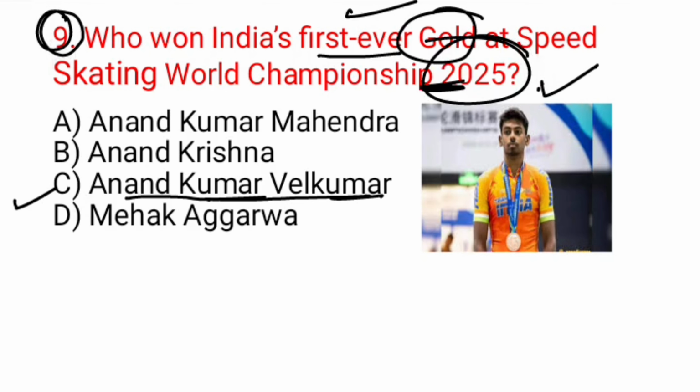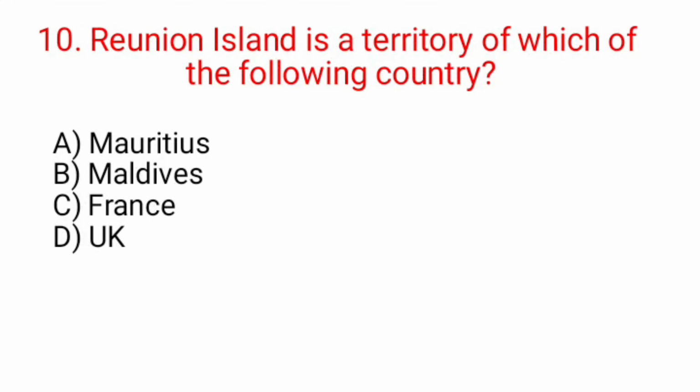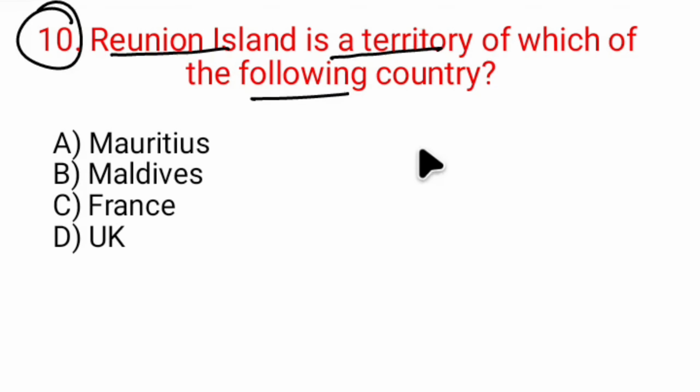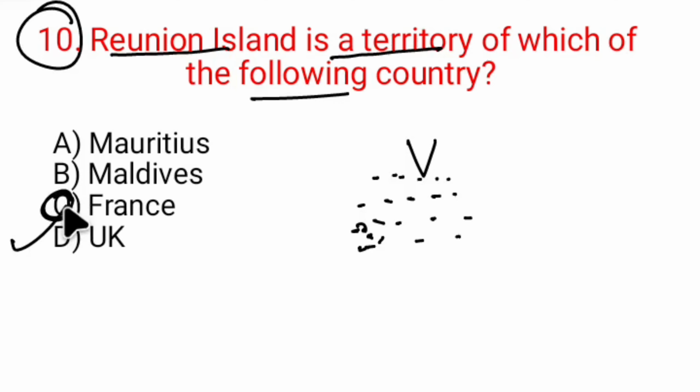Therefore option C is the right option for question number 9. And question number 10, Reunion Island is a territory of which of the following countries? Reunion Island is located in the Indian Ocean, and this is a part of the territory of France. So this is the French territory. Therefore option C is the right option for question number 10.